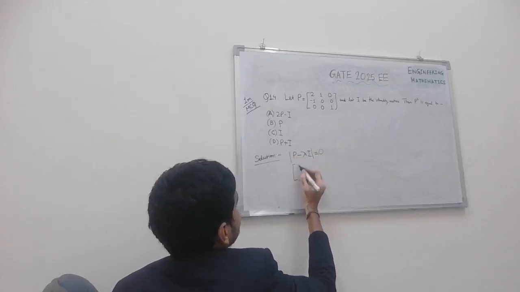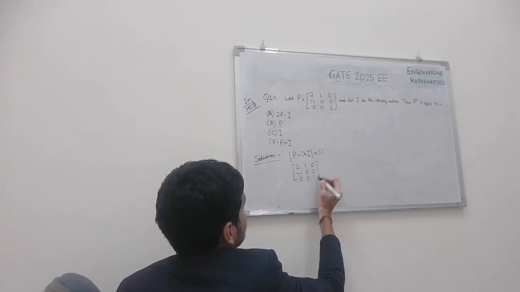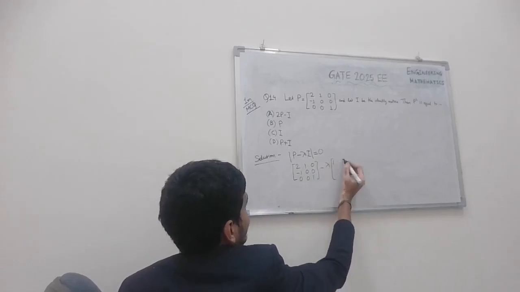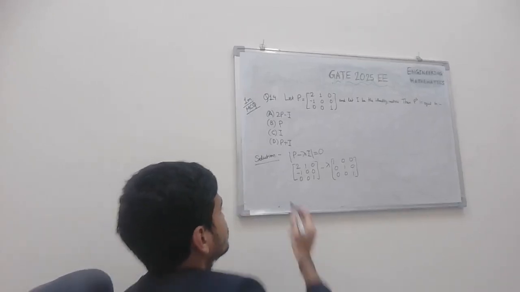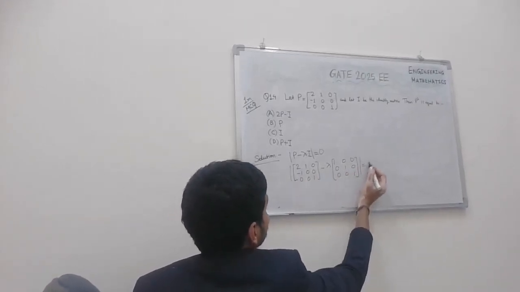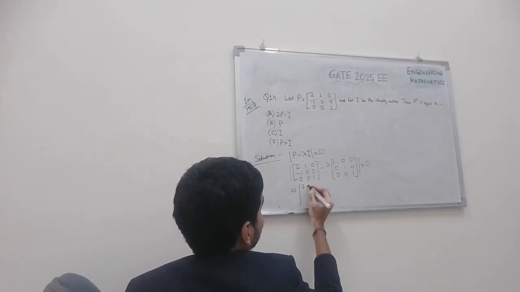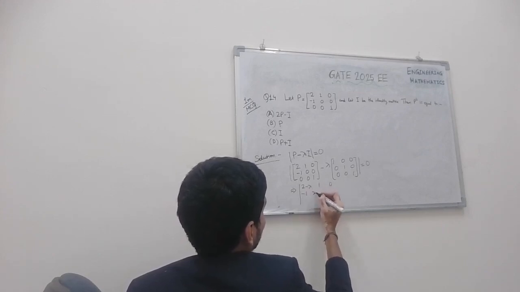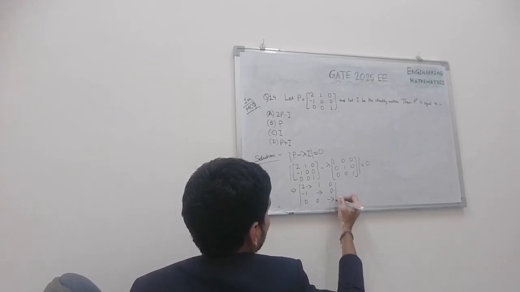So 2 minus lambda, 1, 0, minus 1, minus lambda, 0, 0, 0, 1 minus lambda.